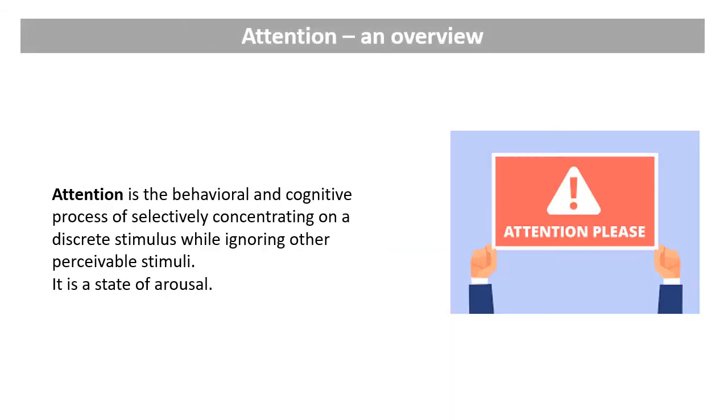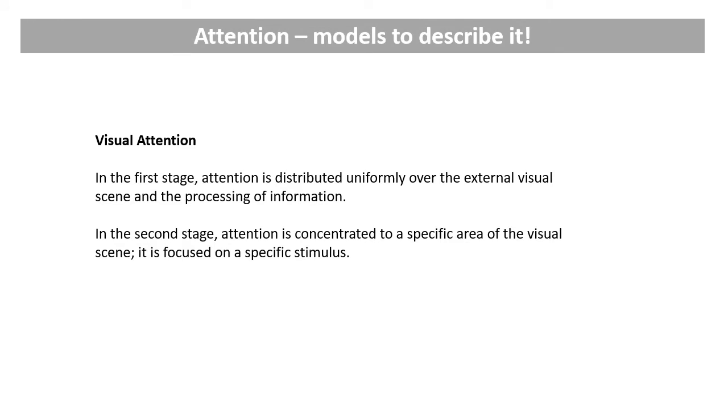And we have seen that attention is basically the behavioral and cognitive process of selectively concentrating on a specific stimulus while ignoring other stimuli present in the environment. And we have also seen there are various models to describe attention, like one is the visual attention, where in the first stage attention is distributed uniformly over a particular environment, and in the second stage attention is concentrated on a very specific stimulus, right?